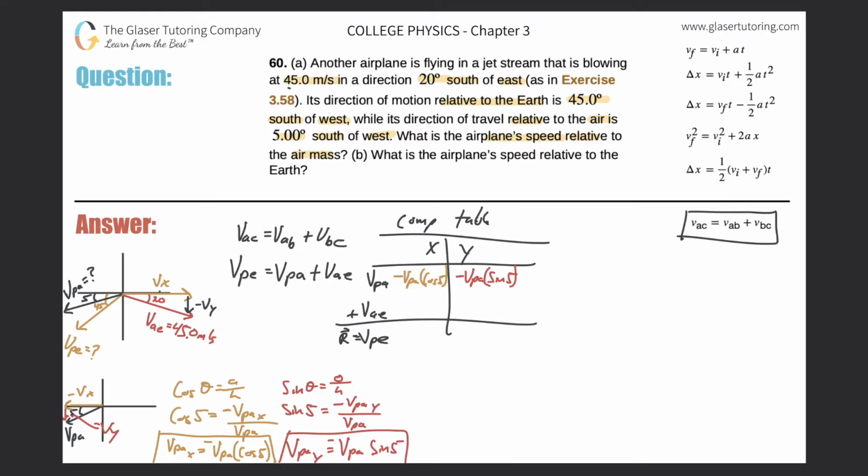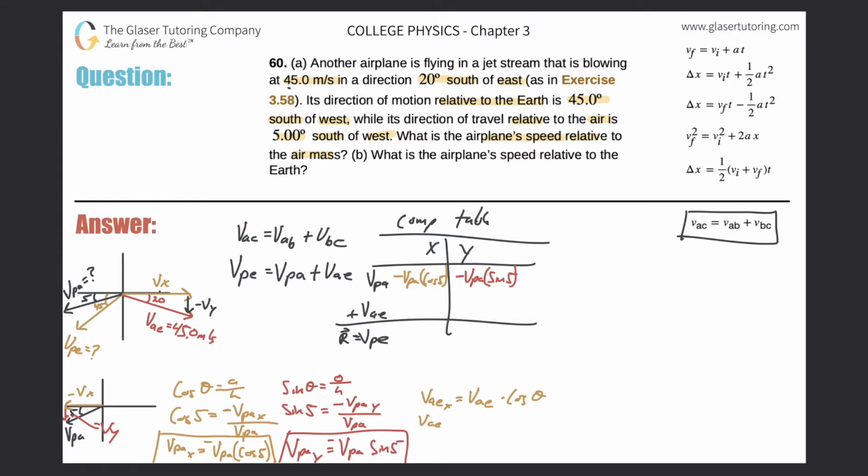Okay, so let's first take a look at the x. All right, I'm not going to go through the formulas all the time, but it's going to be cosine. This would simply be the velocity of the air relative to the Earth in the x direction is simply going to work out to be the velocity of the air relative to the Earth, because that's the hypotenuse, multiplied by the cosine of the angle.